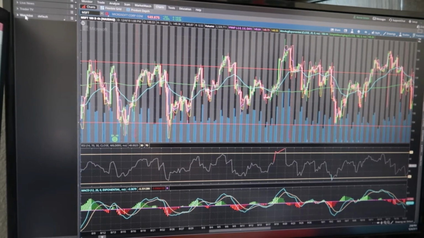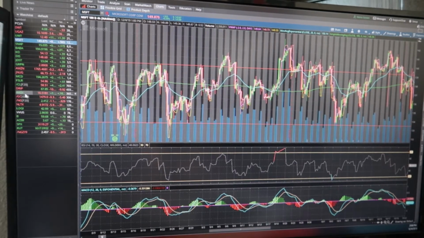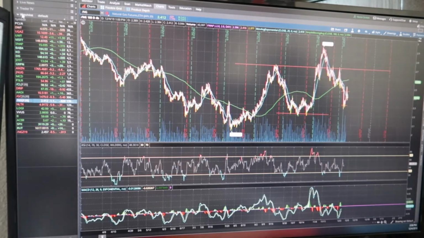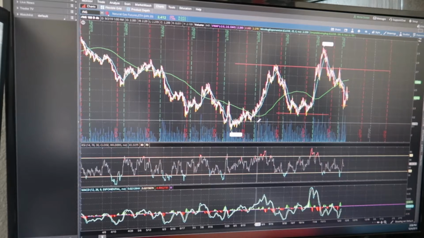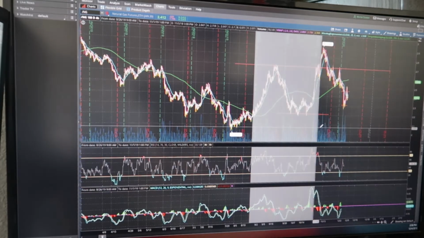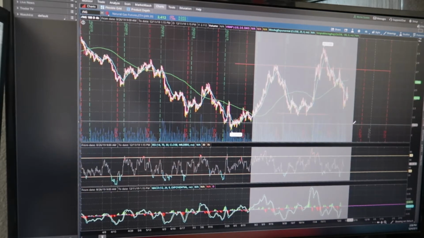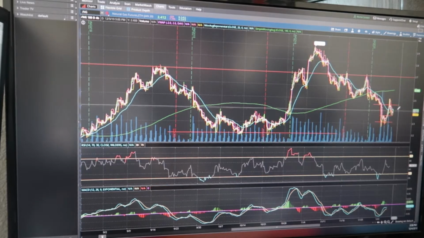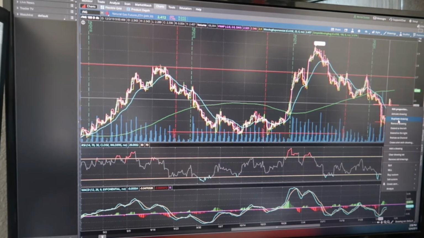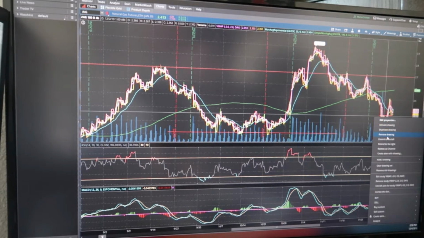I'm going to show you guys a perfect example, and not always is the picture going to be this pretty, but I'm going to show you in this specific future I look at, which is NG /NG. We're looking at natural gas here on the 4-hour chart, 180 days.